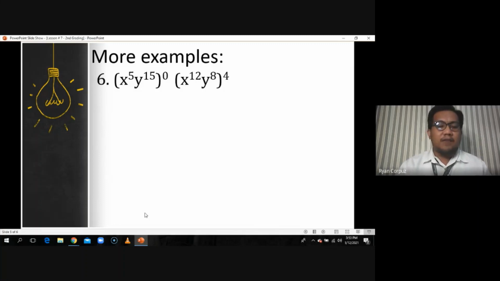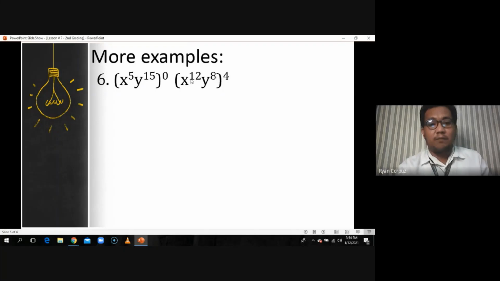In the case of example number 6, the whole first expression was raised to 0, so automatically that first expression is equal to 1. If 1 is to be multiplied by the second expression, that will be equal to the second expression itself. So what we are going to do now is simply apply the laws of exponent to simplify these expressions.